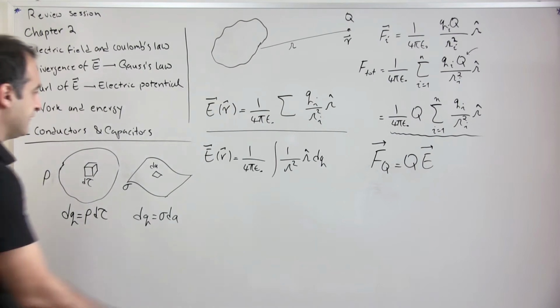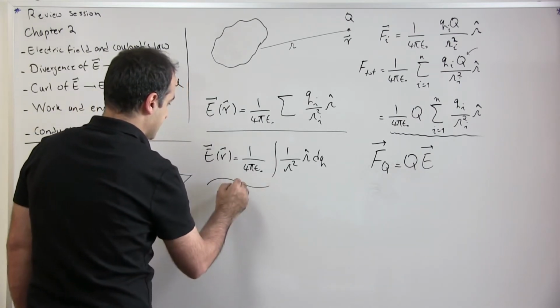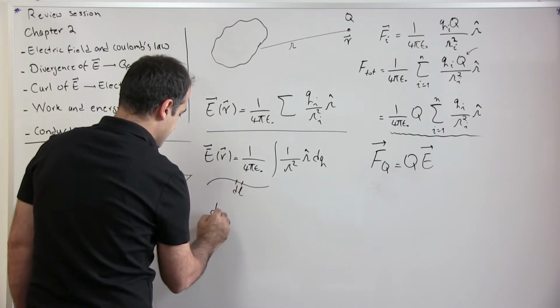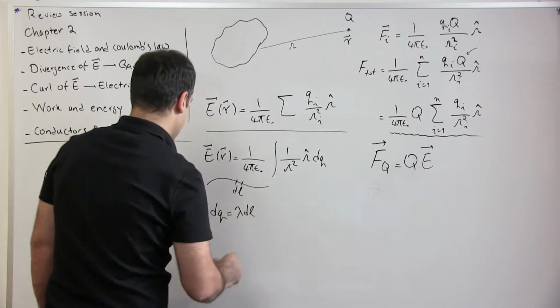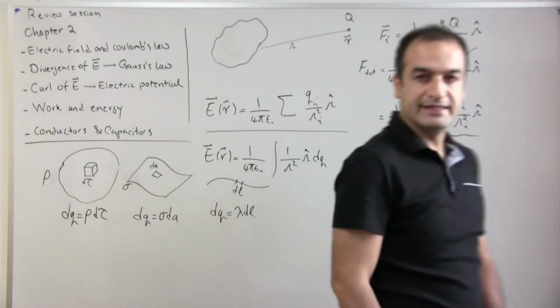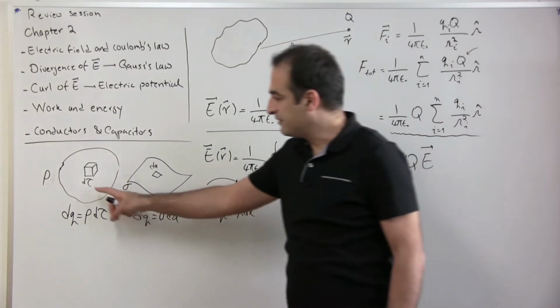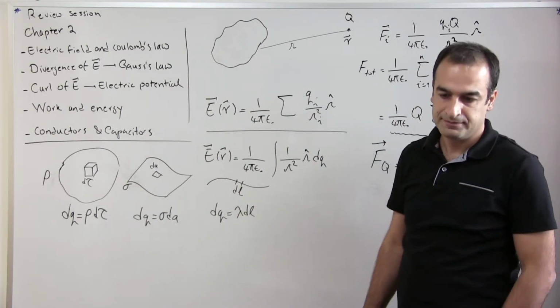And if we have line charge distribution, we can look at a small piece with the length of dl. Here, dq is lambda dl. So dq, the infinitesimal charge here, can have different meanings depending on what type of charge distribution we have.